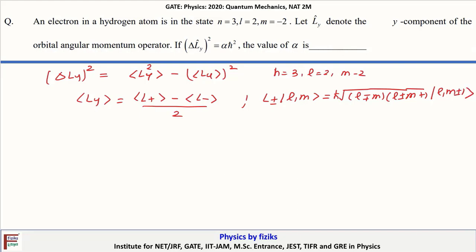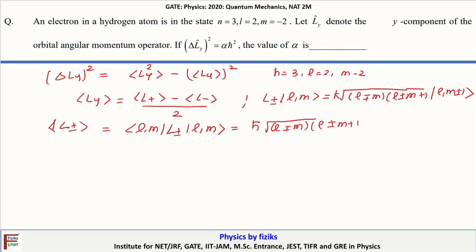So if we determine the expectation value of Ly for any state l m, L plus minus acting on l m would give us h cross root over l minus plus m into l plus minus m plus 1 into the state l, m plus minus 1.